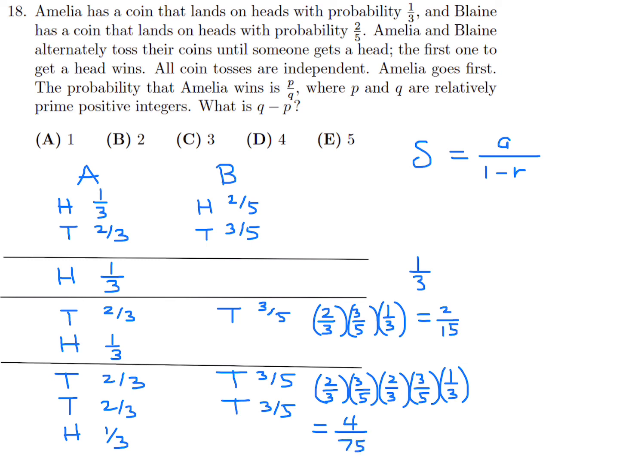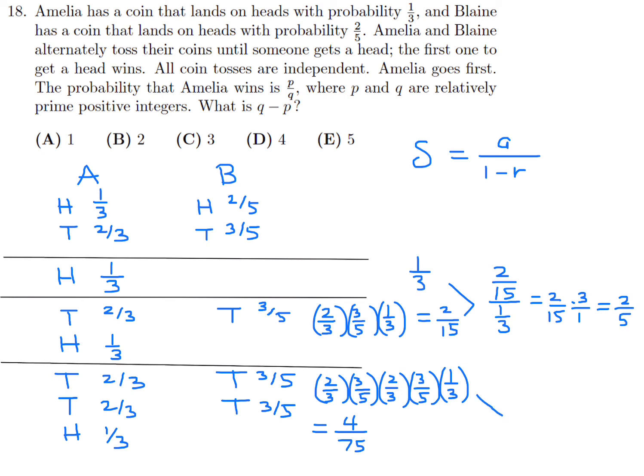All right. Well, let's see if we get a common ratio. The ratio here is 2/15 over 1/3. And 2/15 over 1/3 is 2/15, invert and multiply, 3/1, and that is 2/5.